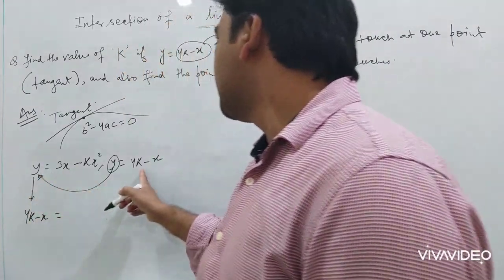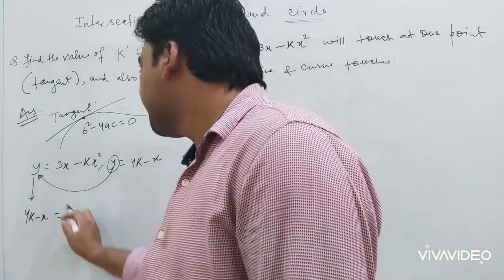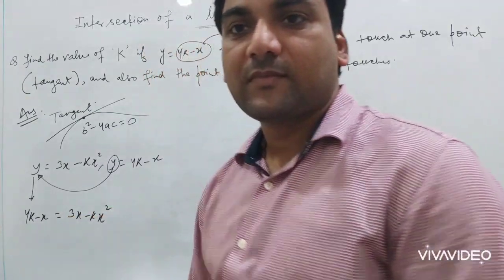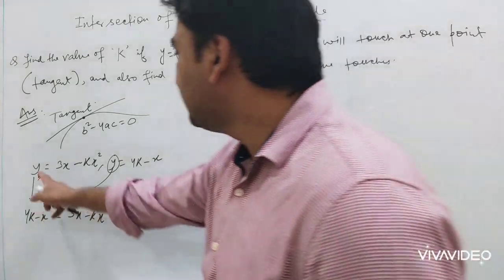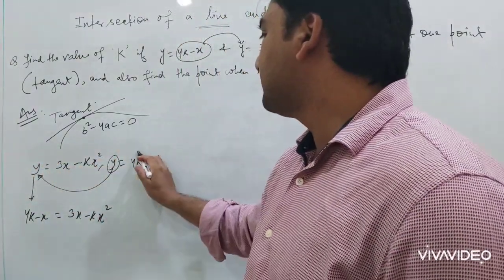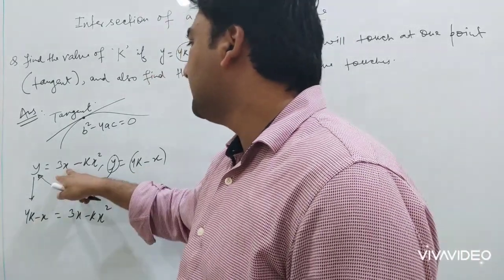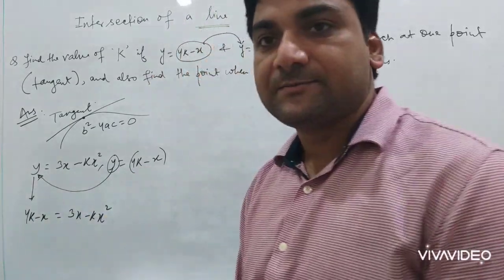So y equal to 4k minus x I have written, and this is 3x minus kx square. Understood? This y I have replaced by this expression. This is also y. So 4k minus x I have written, then 3x minus kx square I have written.